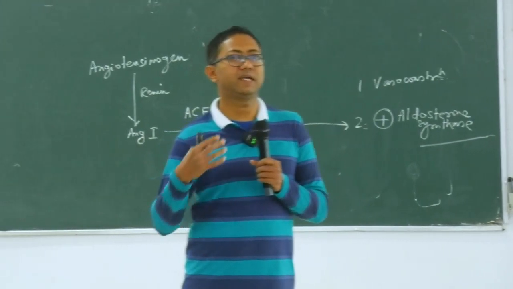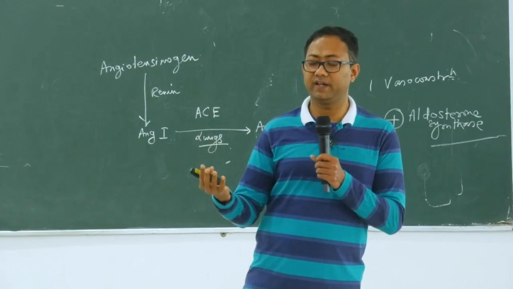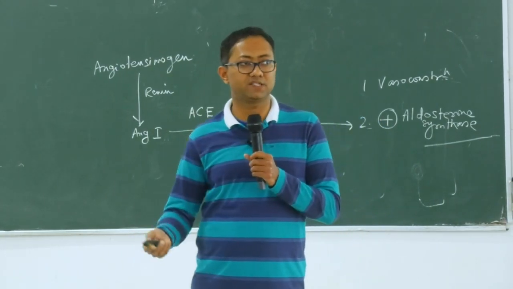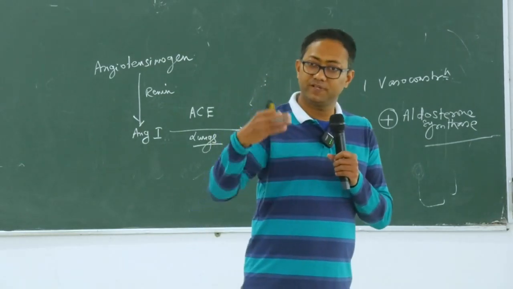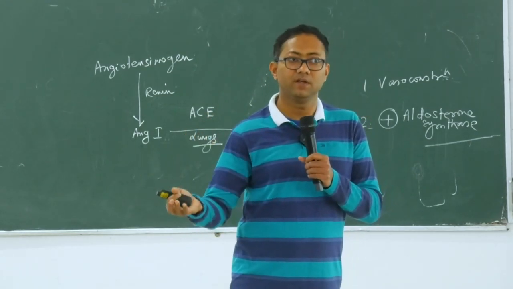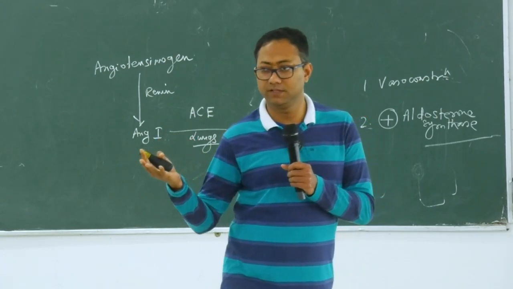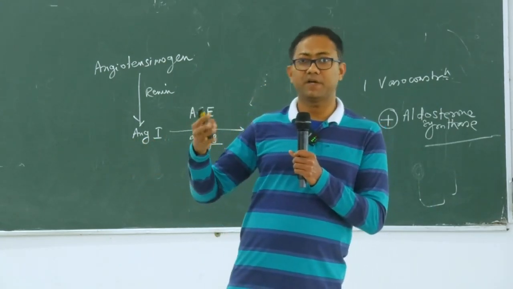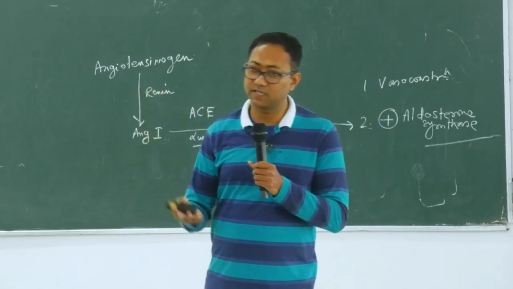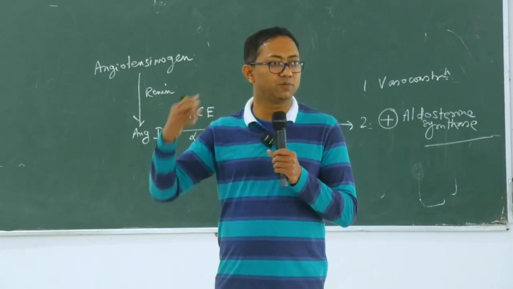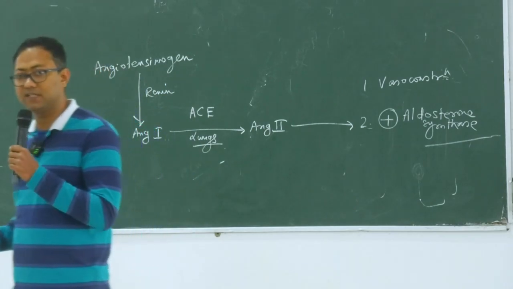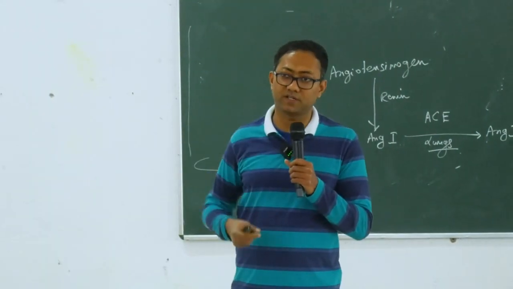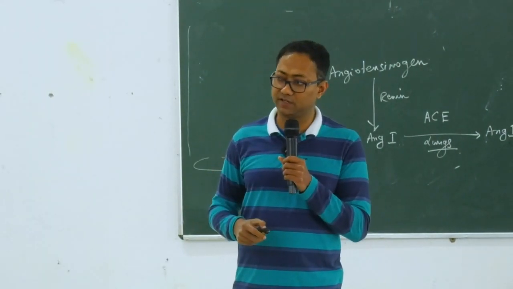The more epinephrine and norepinephrine in your blood, the more it is metabolized into VMA, and this VMA comes out in the urine. If urine VMA is high, that means epinephrine and norepinephrine are high in your blood. So, it might be due to some chromaffin cell tumor. It may be a tumor in the adrenal medulla, it may be a tumor of chromaffin cells in the GI tract, it may be a tumor of the bronchus, the bronchial carcinoid.